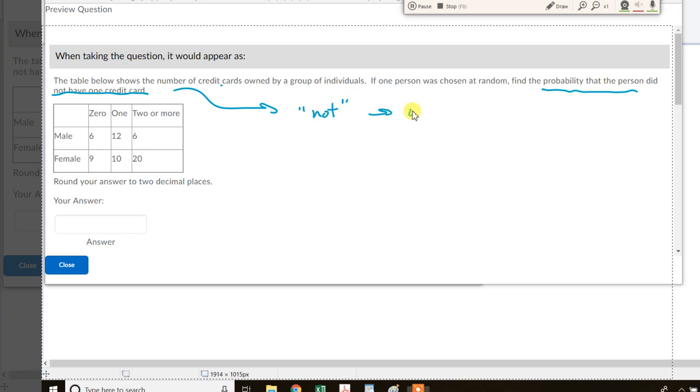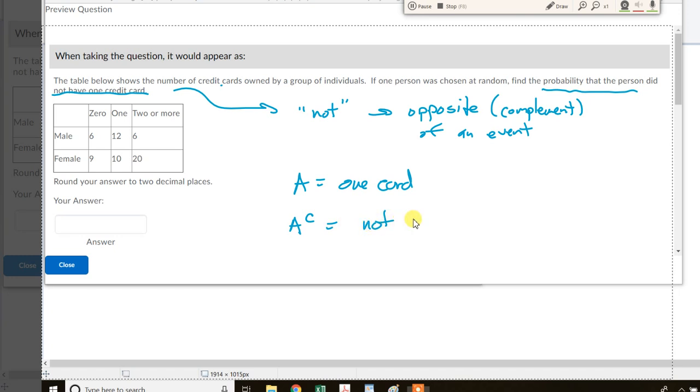Not means opposite or complement of an event. Okay. So if I let A equal one credit card, then A's complement would be not one card.